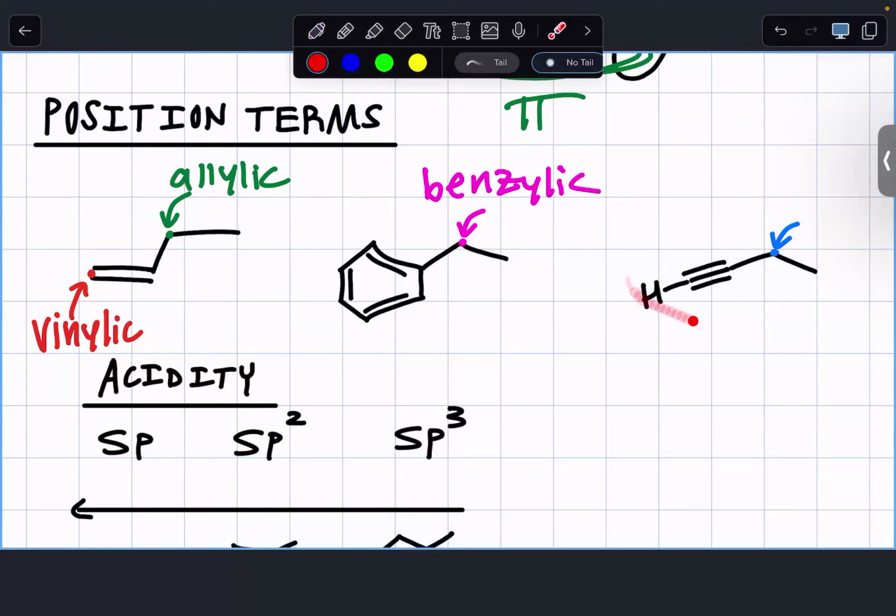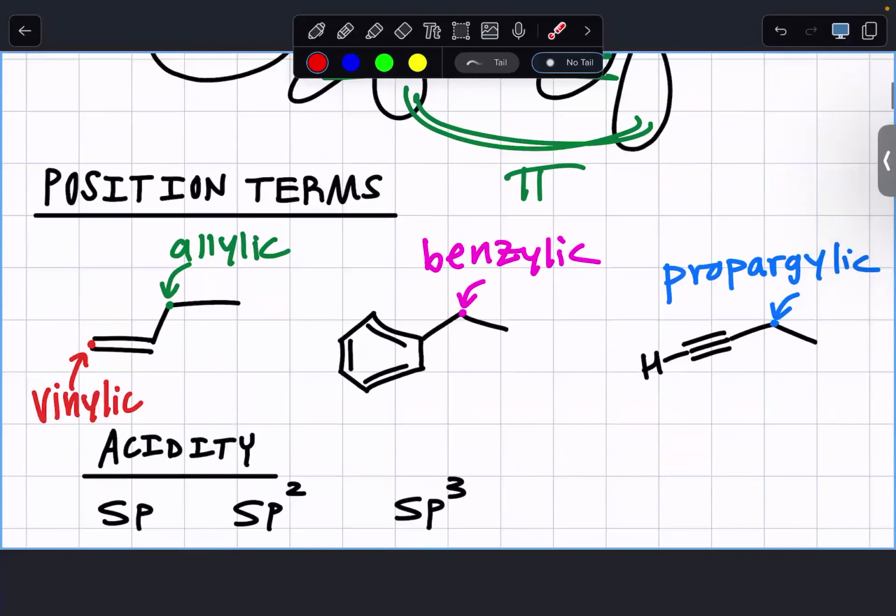And this is more for the alkyne chapter, but 1 carbon away from the alkyne is the propargylic carbon. Right. So for this chapter, it's going to be vinylic, allylic, and benzylic.